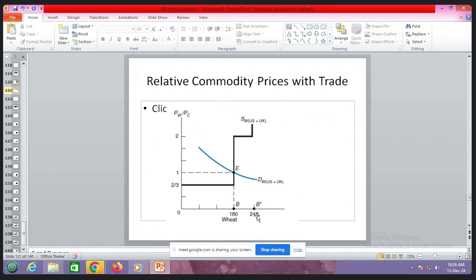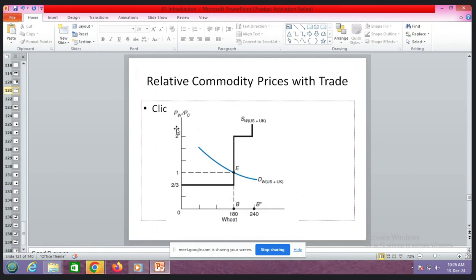So 180 plus 60 is 240. For prices between 2/3 and 2, there is no additional production. That's why you see this supply curve to be vertical. The maximum production that can take place is at relative price 2/3, then the supply curve becomes vertical.